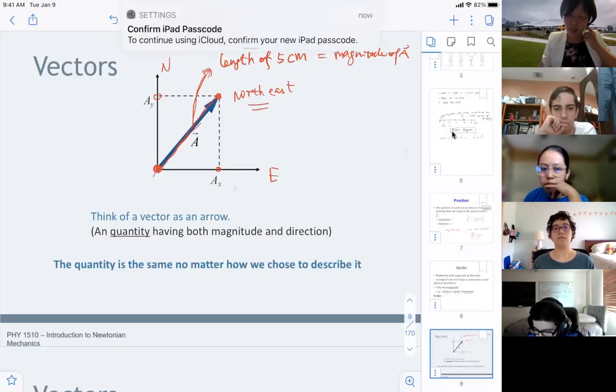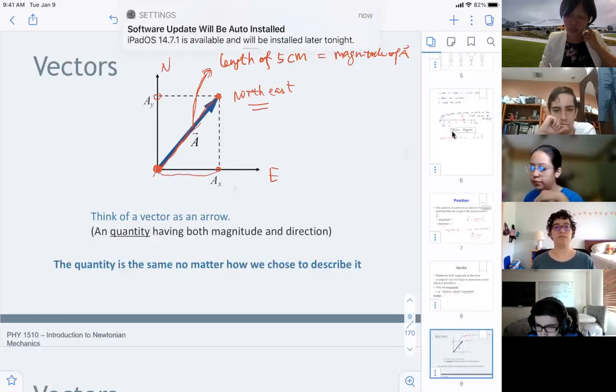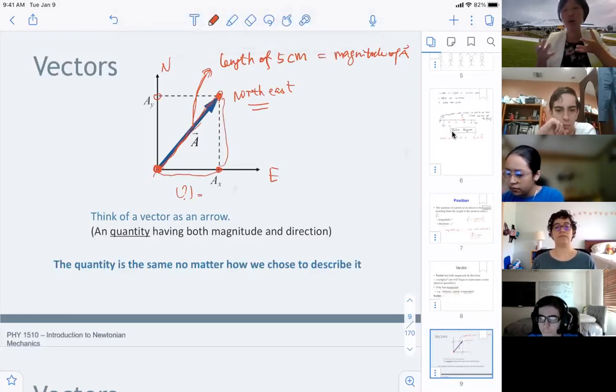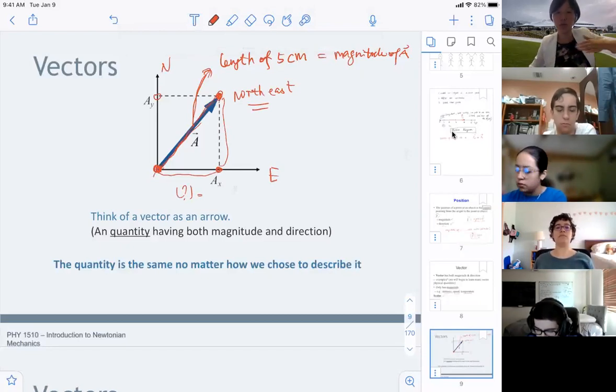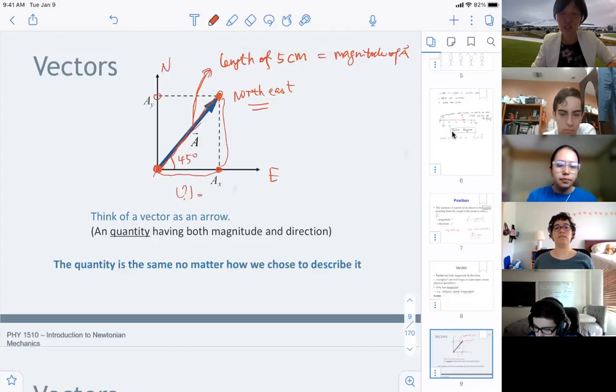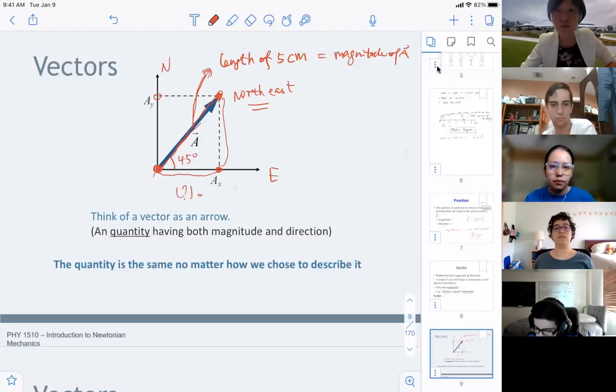Now you can also tell people I have traveled whatever yards to the east, and I traveled the same distance to the north. So you can tell people in different ways, like how much you've gone in this direction, how much you've gone in that direction. Or you can say how much I went overall in this overall direction, and that is 45 degrees in this case. Just different ways to represent direction to people.